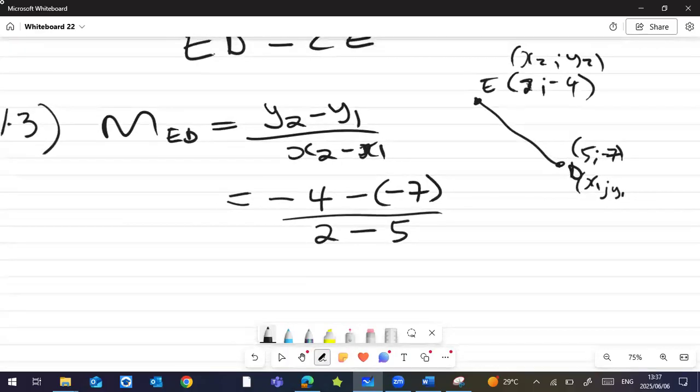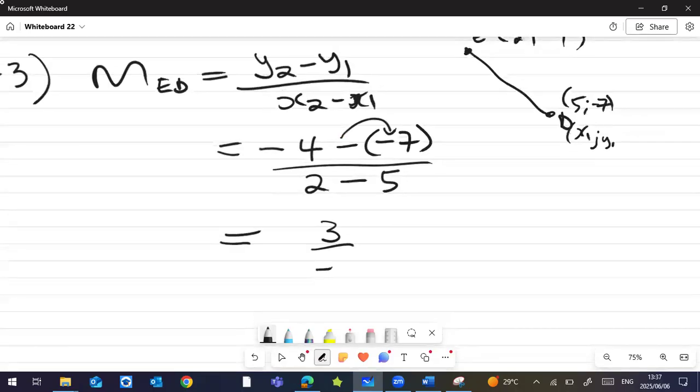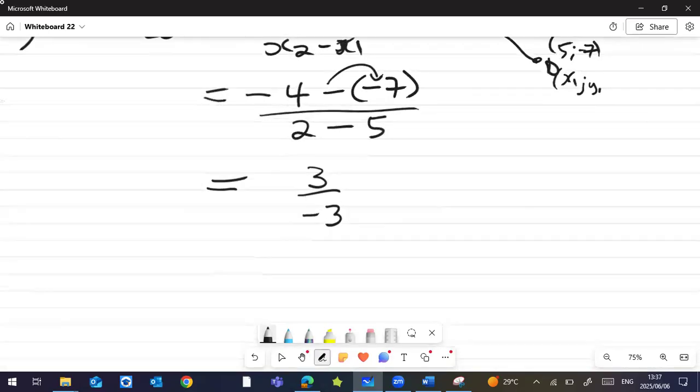So negative times negative is positive 7. Minus 4 plus 7 gives me 3, and 2 minus 5 gives me minus 3. Therefore, gradient ED equals 3 divided by negative 3, it's negative 1. So gradient ED will be negative 1.